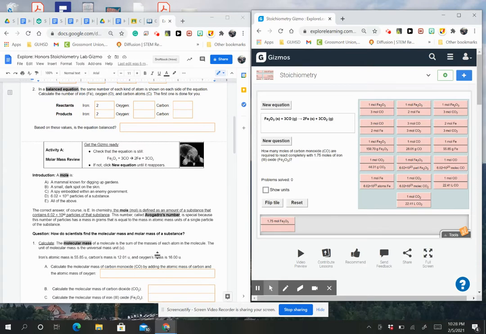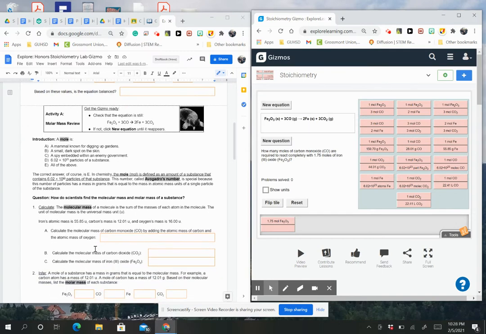The next thing that you're going to do is look at a review of molar mass. In molar mass, you did a lot of this in previous lessons. You're looking at the molecular mass first. The molecular mass is basically the sum of the masses of all of the different atoms or elements in a molecule. And the molecular mass is the mass of that one single individual molecule.